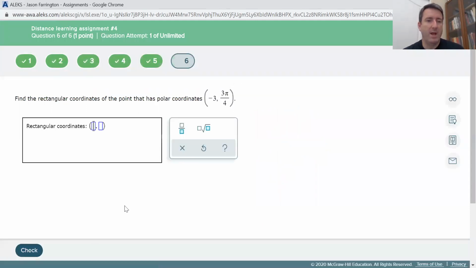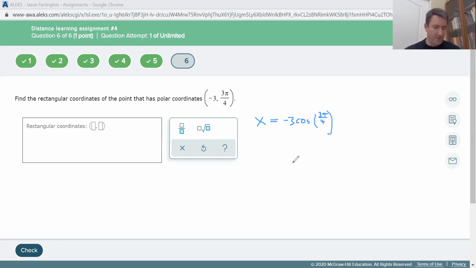Last one. Find the rectangular coordinates of the point that has polar coordinates -3, 3 pi over 4. So x is going to be equal to r, which is -3, times the cosine of 3 pi over 4. So 3 pi over 4, the cosine of that is negative square root of 2 over 2.